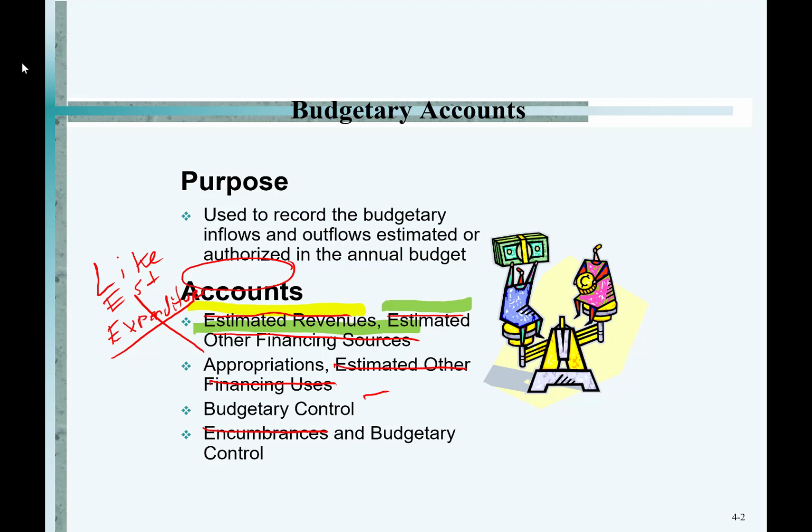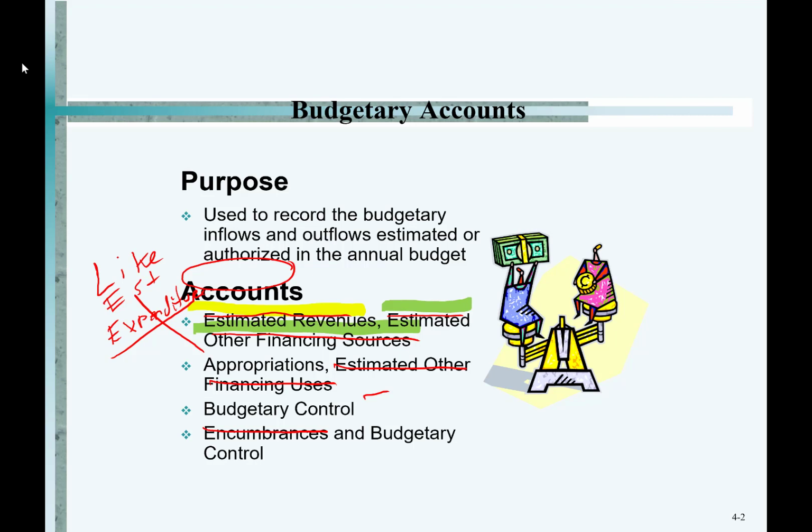Now, remember that we have our revenues, and then we have things that are like non-operating revenues, which we called other financing sources. What are the two other financing sources? Transfers in and long-term debt financing.